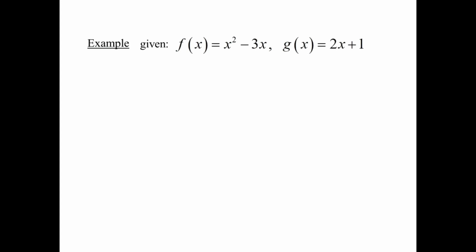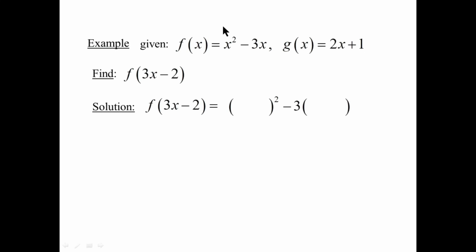Another example, given the same two functions, find f of 3x minus 2. Solution, first write it, and then realize, okay, we'll go to the f function machine and input 3x minus 2. So the f function machine appears to be something squared minus 3 times something. So we could set it up like that, and the something is the input. 3x minus 2 has to go into the machine, so to speak.